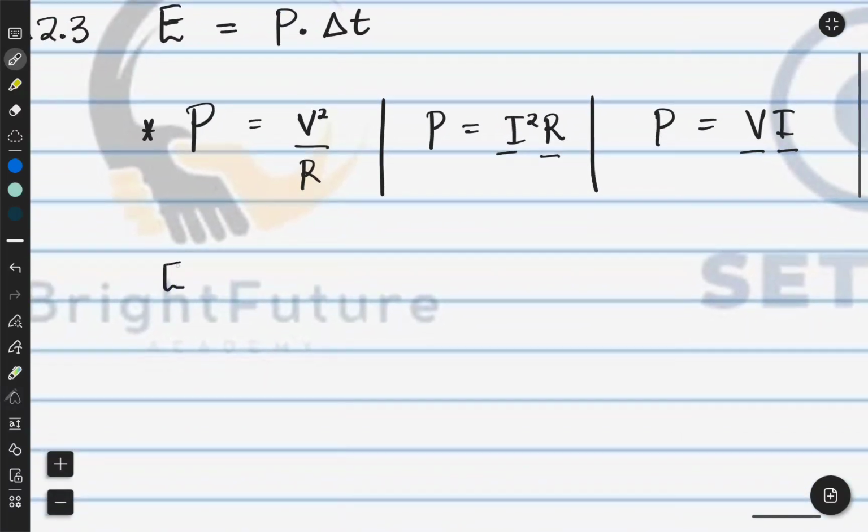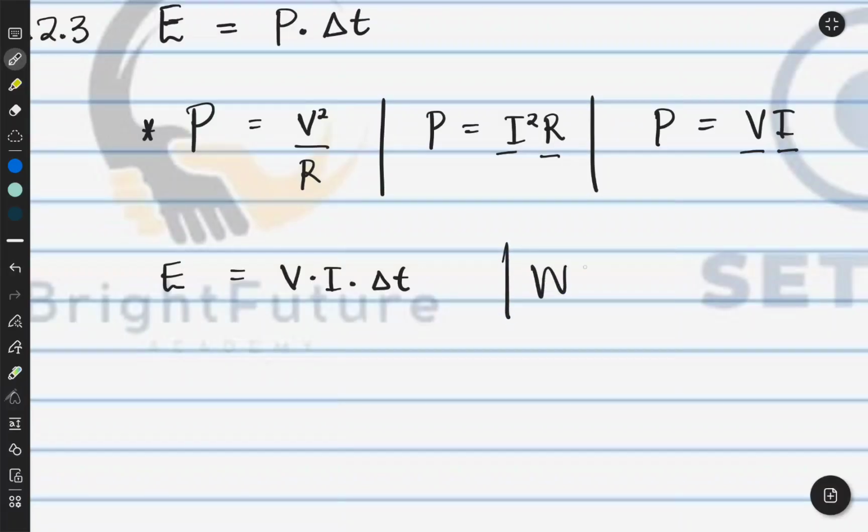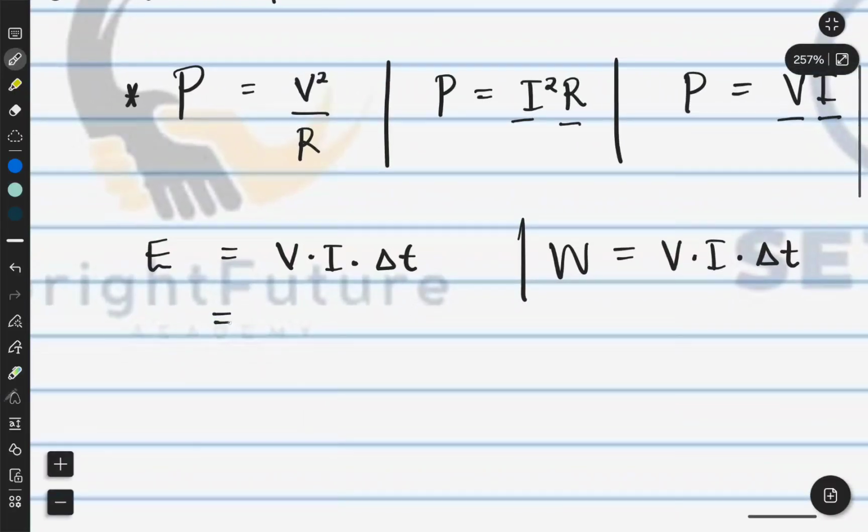So I can say energy will be voltage times my current times my delta T. If you check, it's similar to that formula, voltage times I times delta T. So yes, you can do it like that. You can use any of these formulae actually. Now let's find it.